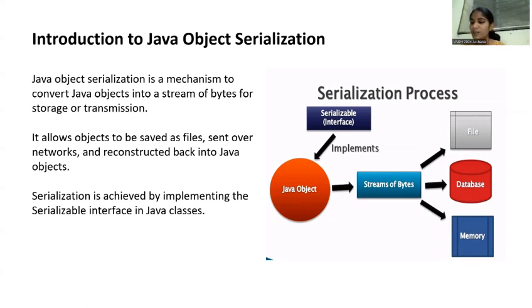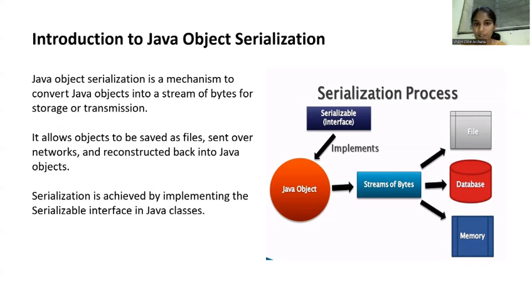The Java objects converted into a byte stream can be saved into a file, sent over the internet, or stored in a database. This process allows objects to be persisted and transported in a platform independent manner.